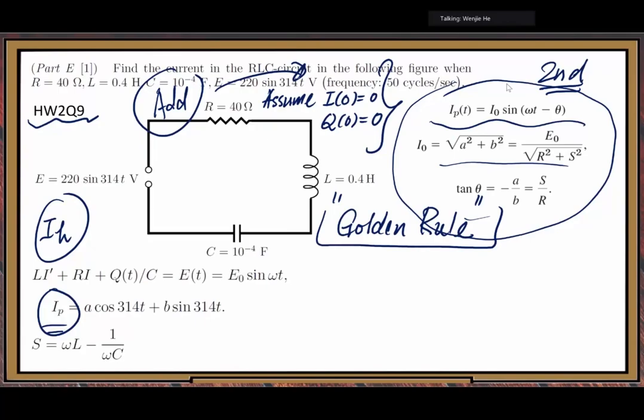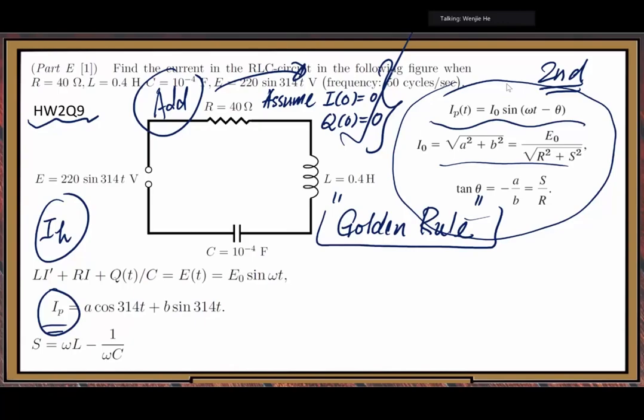Especially several students used Laplace transform. With Laplace transform, definitely you want the initial condition like this, right? So 4 or 5 students applied Laplace transform to solve. So you need this initial condition. So no problem.